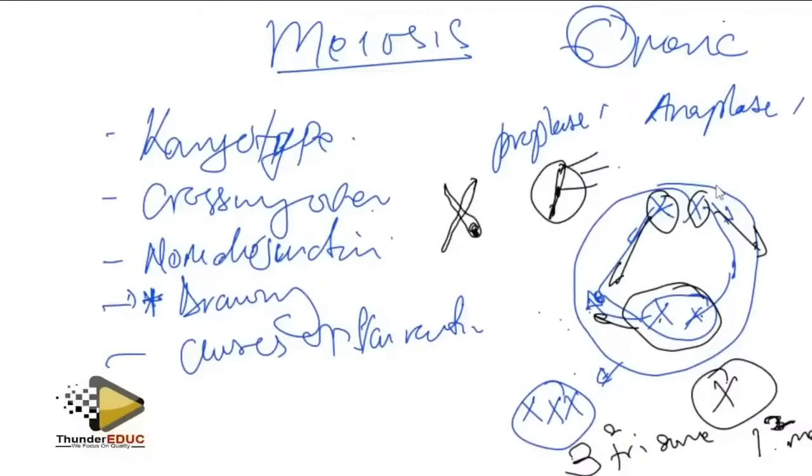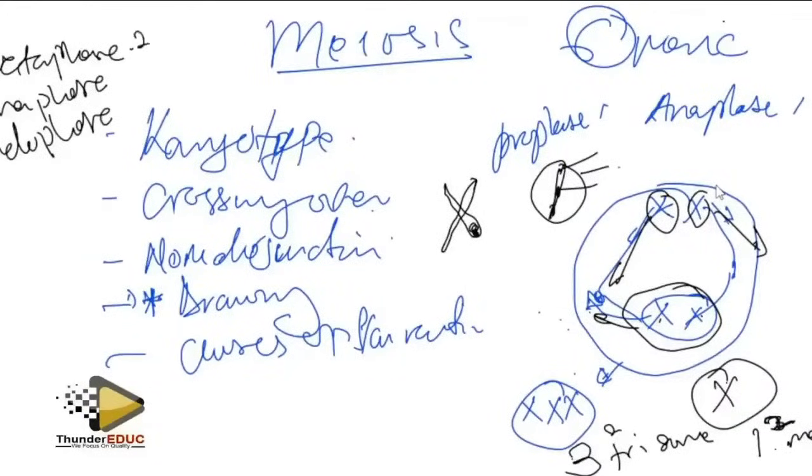I want to give you one thing students always mess up with. Is metaphase. Listen carefully. Don't go away. Anaphase, then telophase. I'm going to say this metaphase 2, anaphase 2, telophase 2.